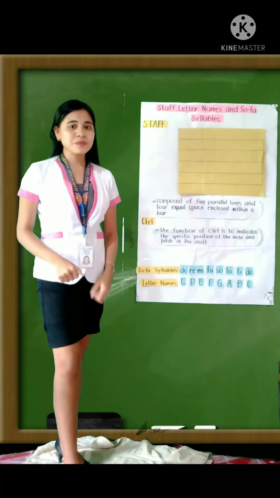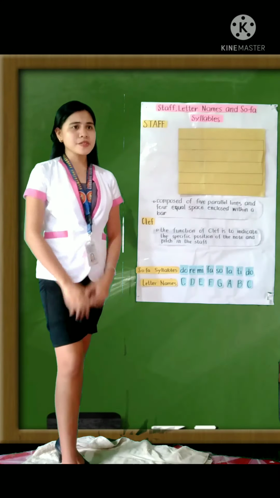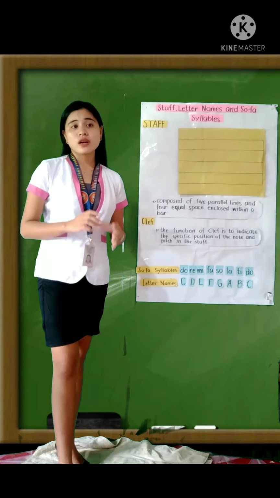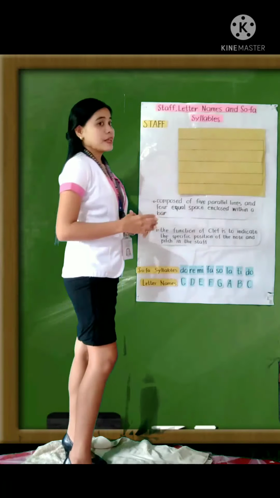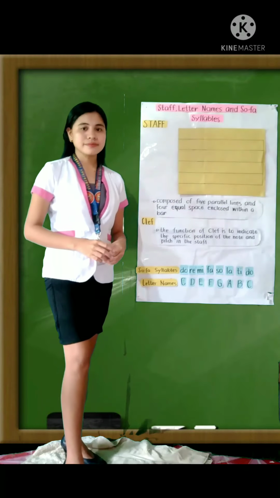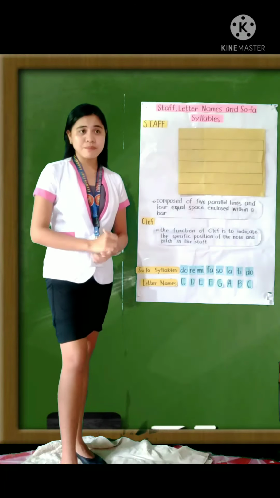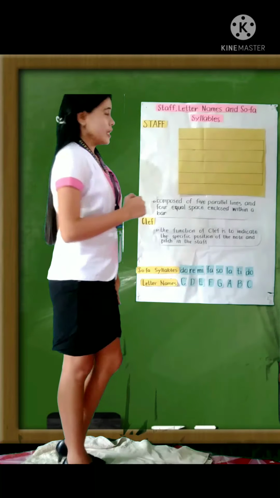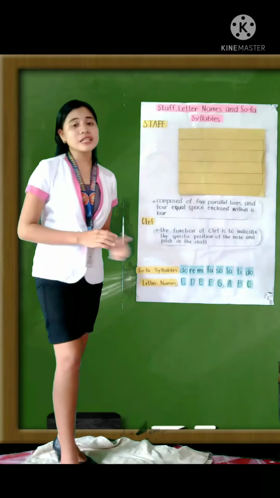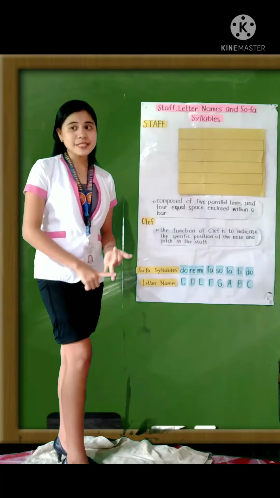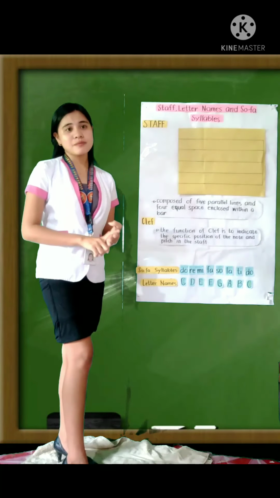So okay, what is a staff? So the staff is important because it is where other musical symbols are drawn, like notes, rests, bar lines, and time signature.